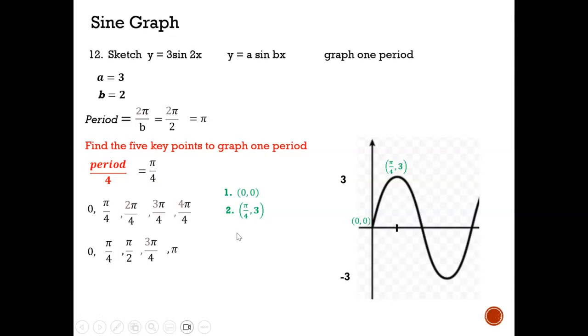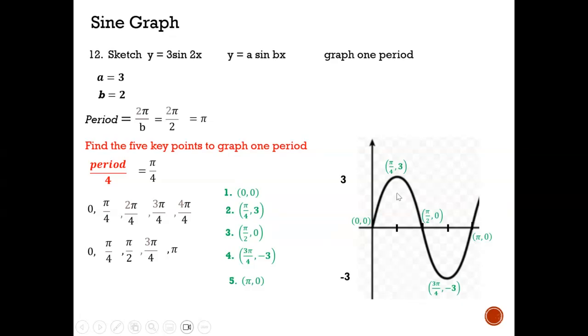There's a point up there. And then it'll be pi over 2, 0. And the next one will be 3 pi over 4, negative 3. And finally, pi, 0. So those are my points.